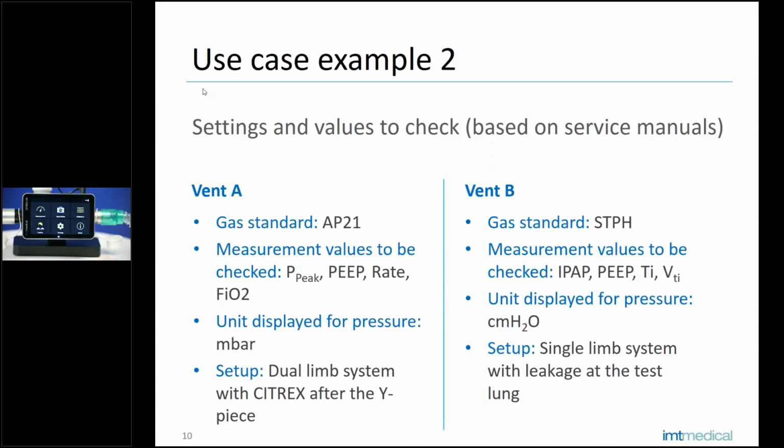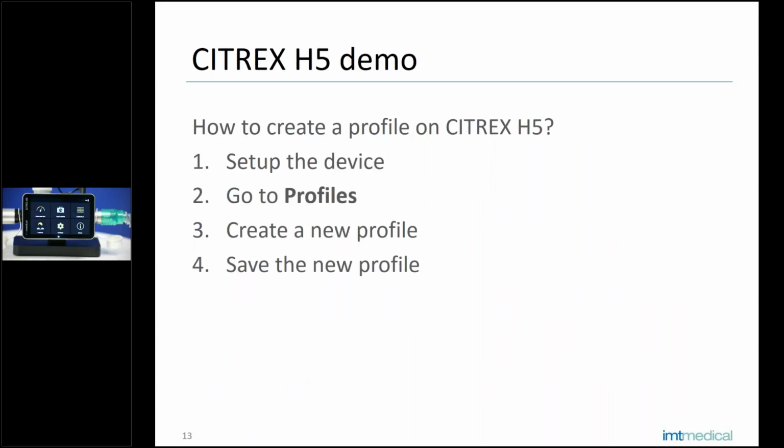I'll go to my main menu here of my CITREX H5, go to the section Profiles, and select New Profile. Now I can give it a name here. If I click on New Profile 1, I can just delete here New Profile and say Vent A. Done.